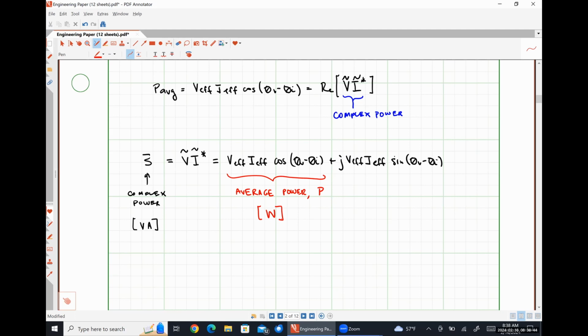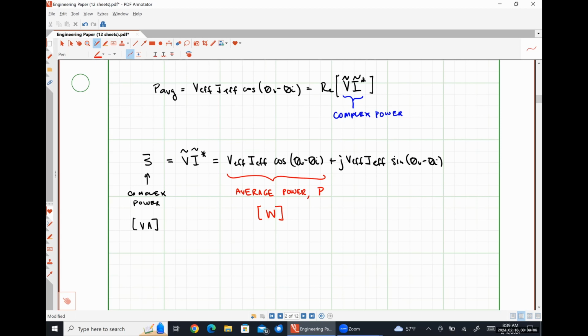So let's talk about what the average power represents briefly. Okay. So the average power represents the portion of the complex power that is capable of performing work. It's associated with real loads or the resistive portion of loads.